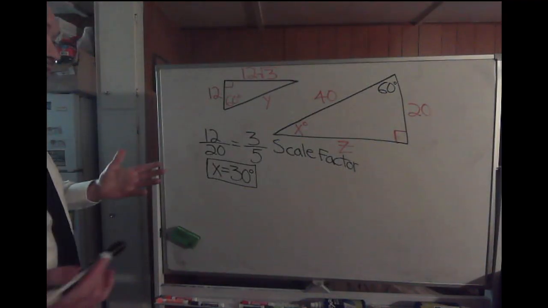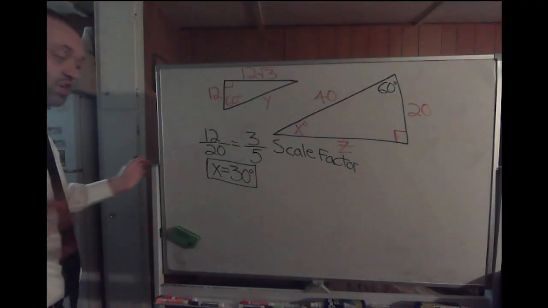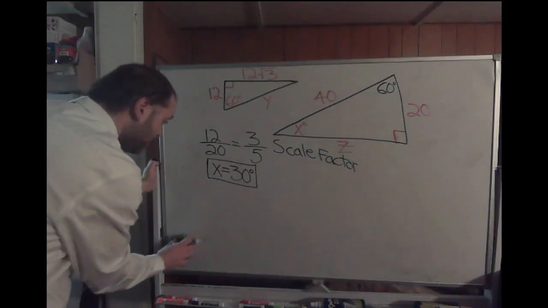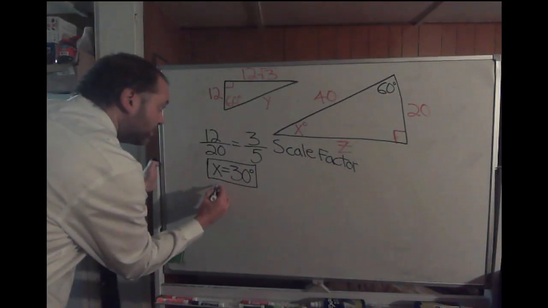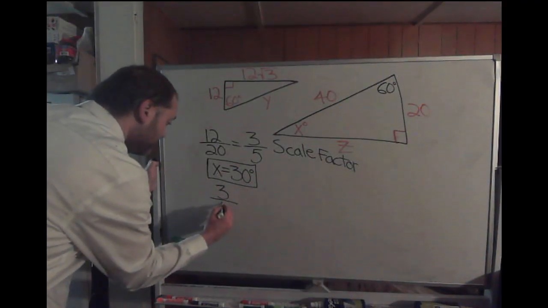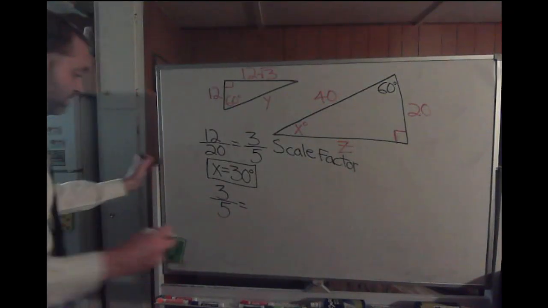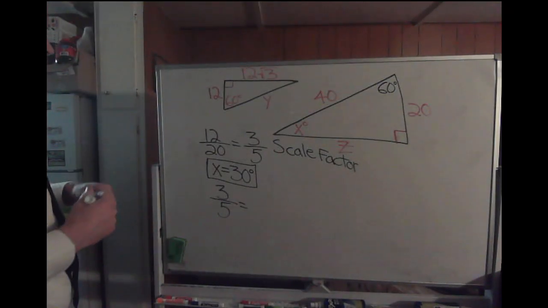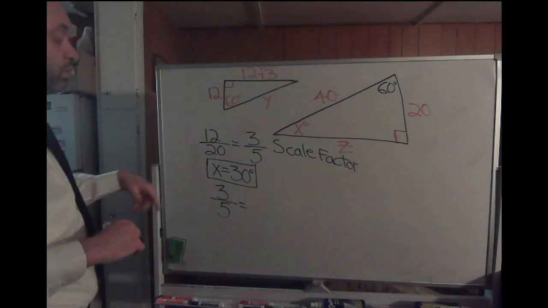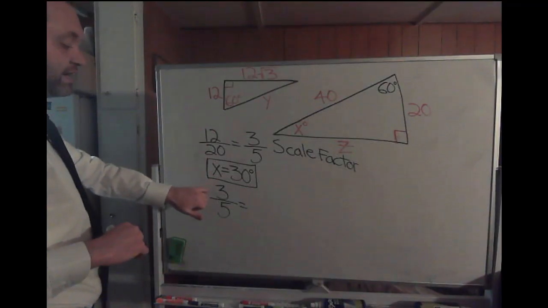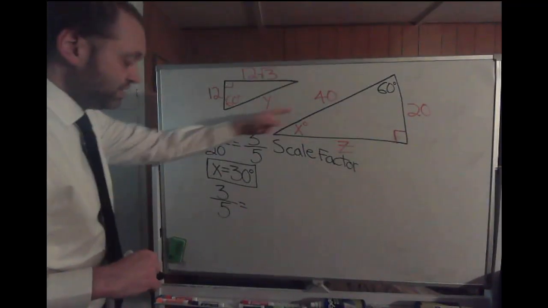Now we need to solve for y. Well, of course, since you're solving for the length of a side, y, you're going to take your scale factor of 3 to 5. Okay, set that equal to, you want to solve for y, so y, the scale factor represents the first triangle to the second triangle.